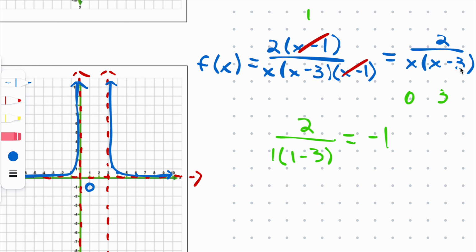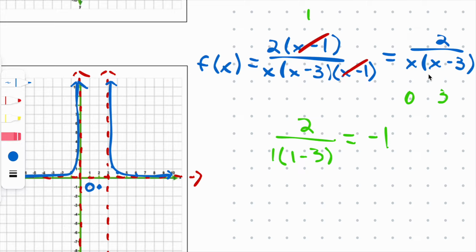Well, 2 minus 3 is -1. -1 times 2 is -2. 2 over -2 is -1. So we see something here. Okay, now I'm going to plug in 1.5. Let me just make sure what I just did is correct. Yeah, I'm good. So 1.5 minus 3 is -1.5.